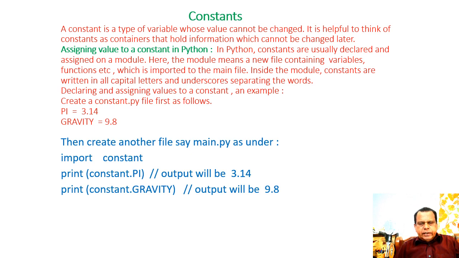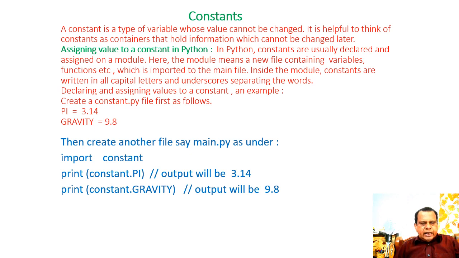In Python, constants are usually declared and assigned on a module. Here the module means a new file containing variables, functions, etc., which is imported to the main file. Inside the module, constants are written in all capital letters and underscores separating the words.